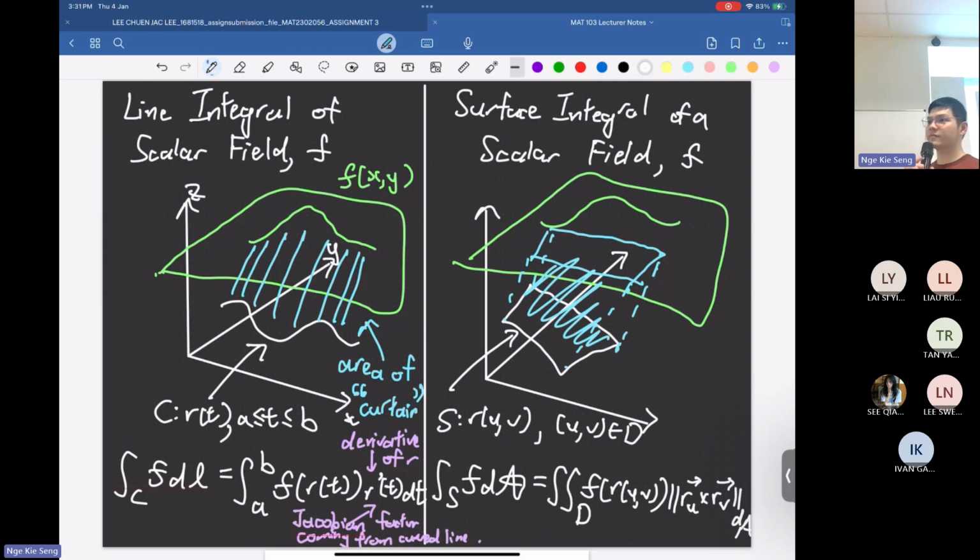Okay. So you can see that there's an extra term in both of the integrals here. This extra term is covering the fact that my line or my surface is curved. I need to make it straight, I need to make it flat. So there's some extra factor coming out.